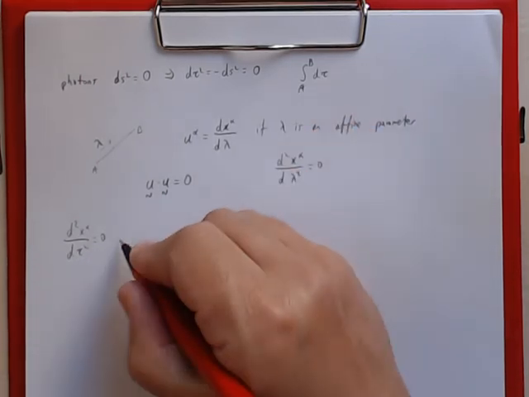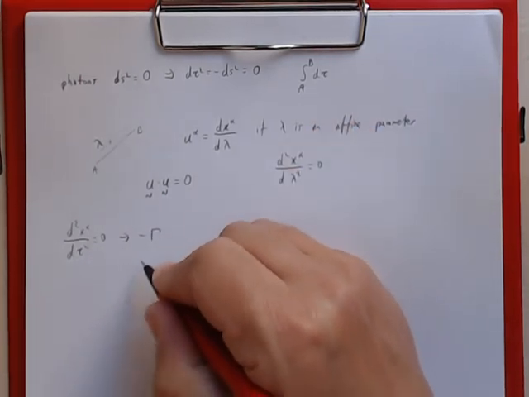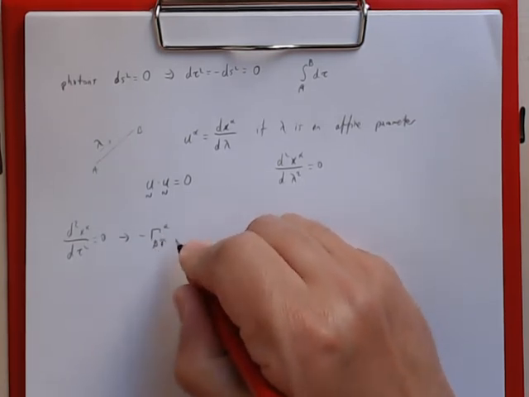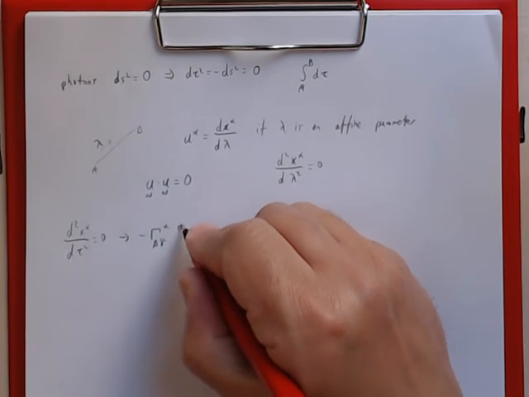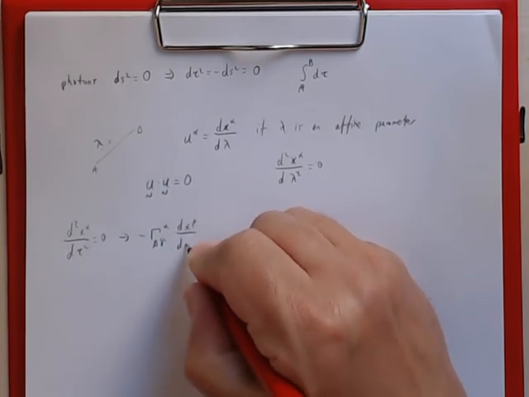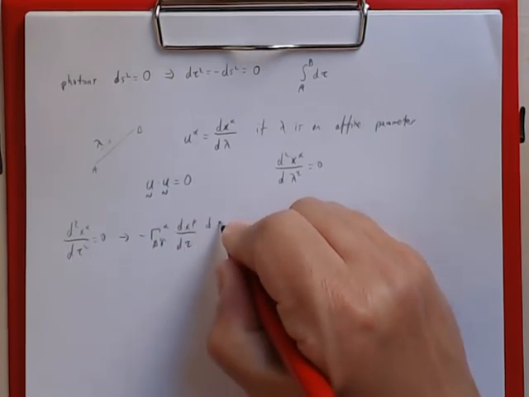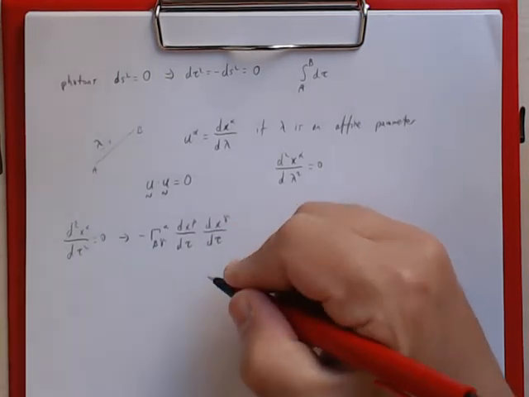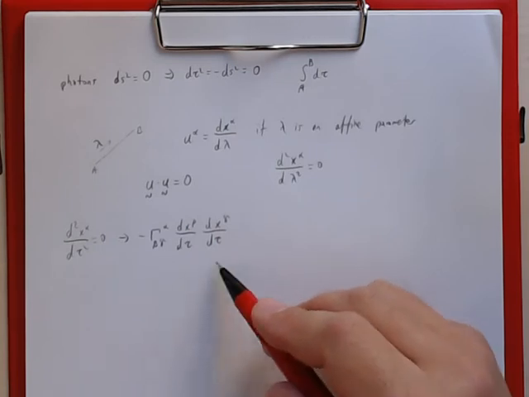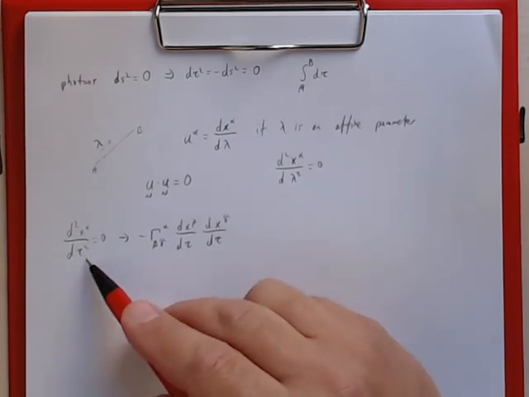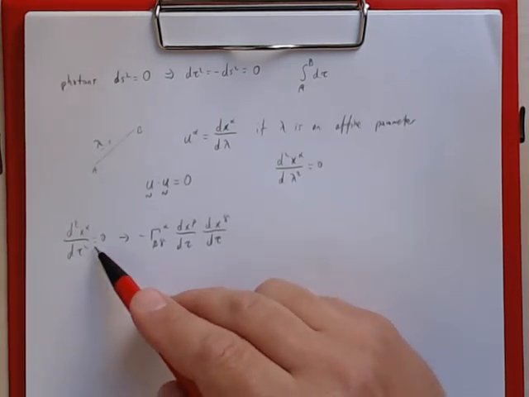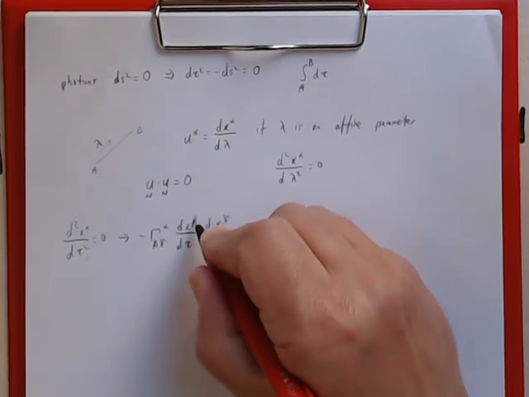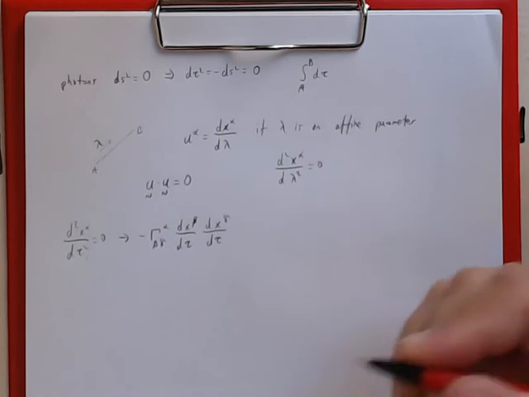Then we generalized this into having some Christoffel coefficient times dx beta by d tau times dx gamma by d tau. So this is how we generalized this to curved space-time. This was true for particles in flat space-time, and this became that for particles in curved space-time. So we're going to do something very similar.